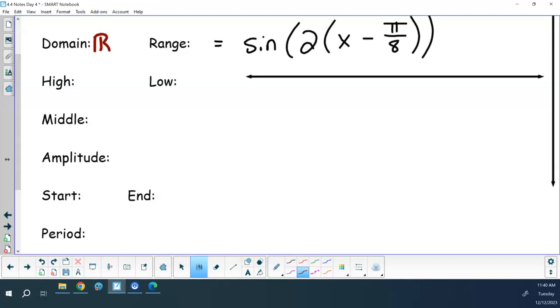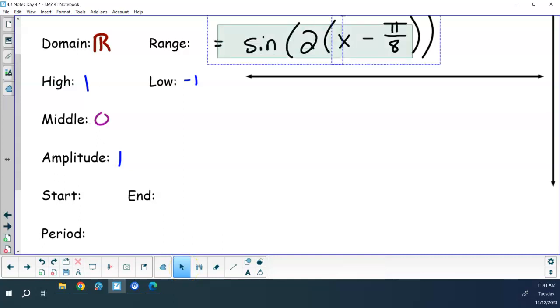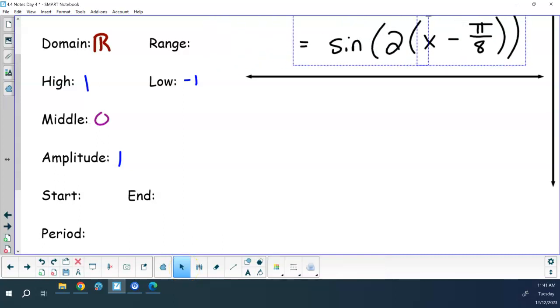That's an easy one. Middle is 0. That's an easy one. Amplitude is 1. Yes. Which makes my range.